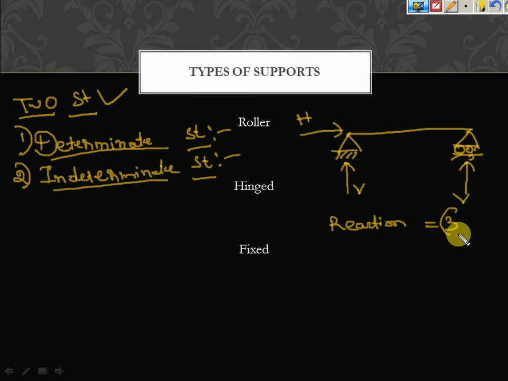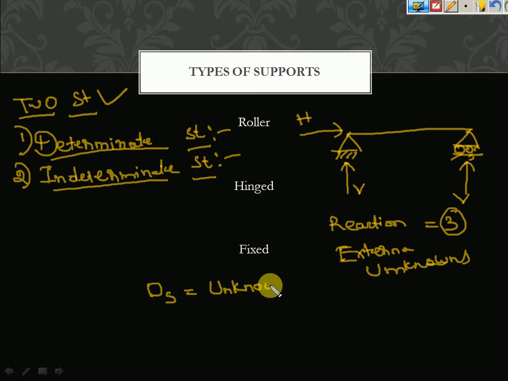This 3 is also called external reactions or unknowns. So degree of static determinacy, Ds, is equal to unknown reactions minus known reactions.